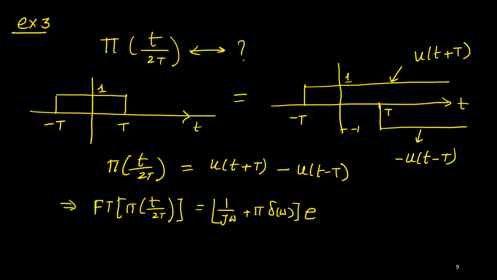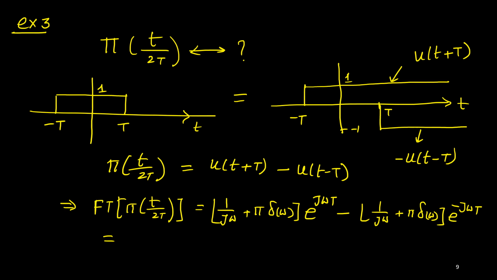So it is e to the power j omega capital T. Minus, again the Fourier transform of u of t is 1 upon j omega plus pi del omega, and it is delayed, so it is a phase delay, e to the power minus j omega capital T. Now if I break these two, what will you get?